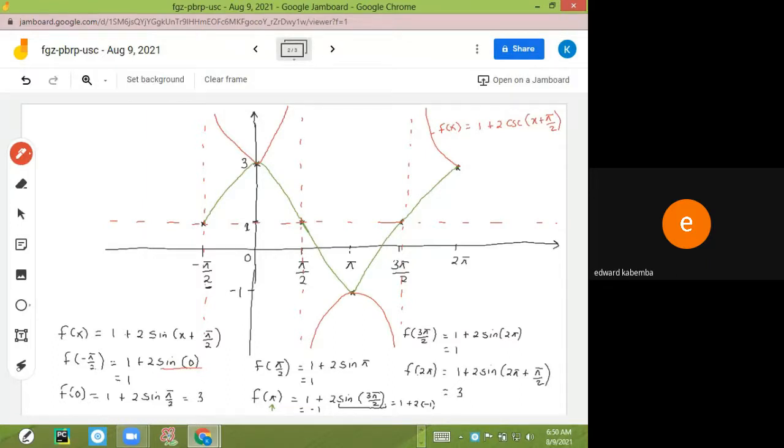Now, sir, I've got a question. If the function came as f of x is equal to 1 plus 2 sine open bracket 11 over 5 pi x, and they ask you to sketch.